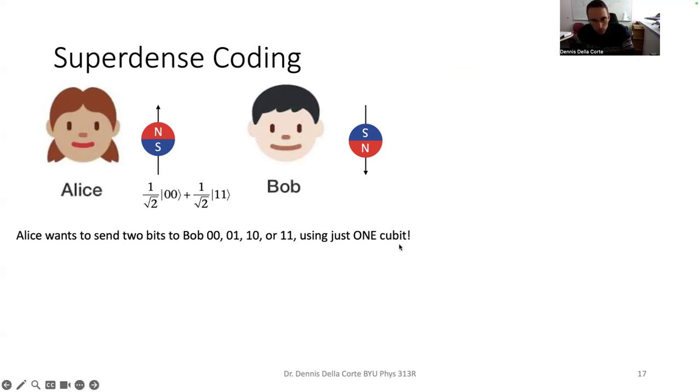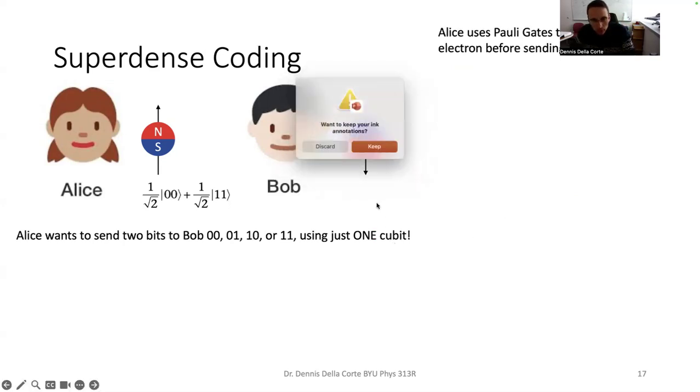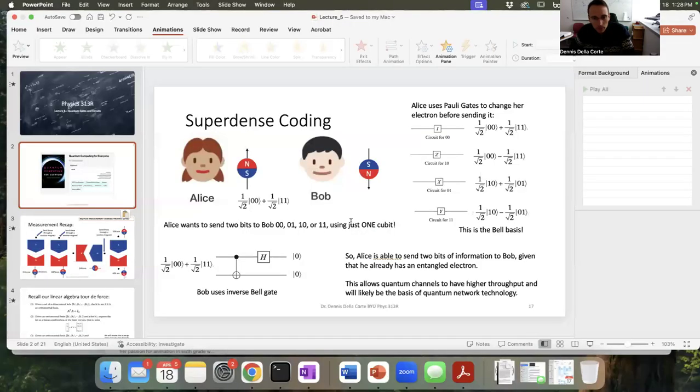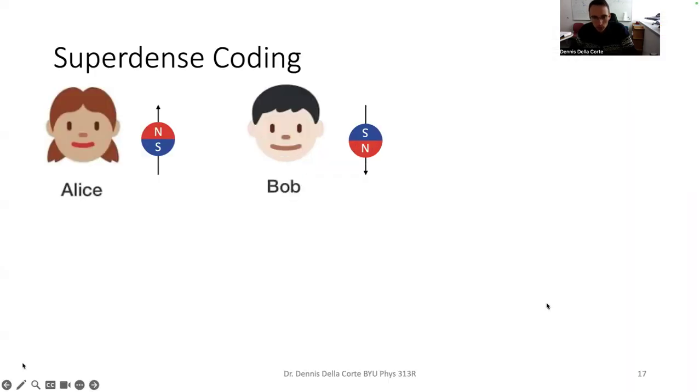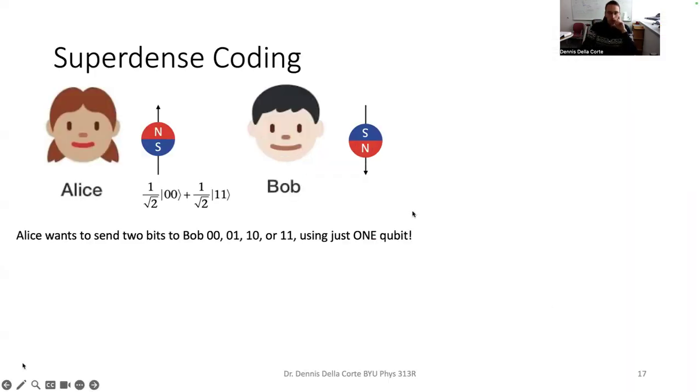The way Alice is going to do that is by using Pauli gates to change her electron before sending it.